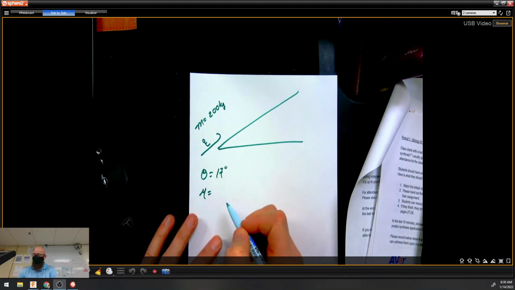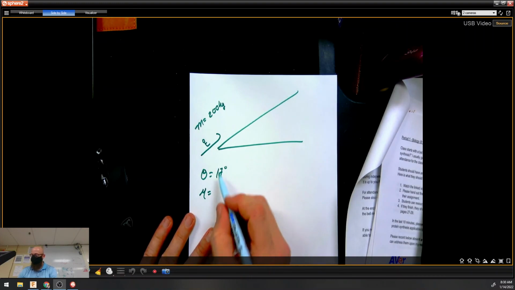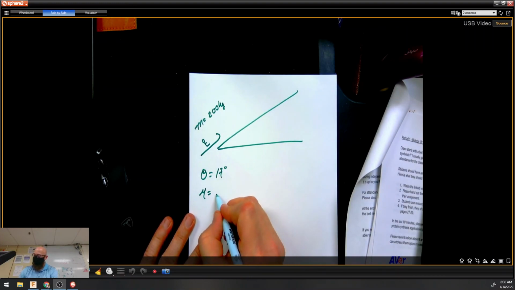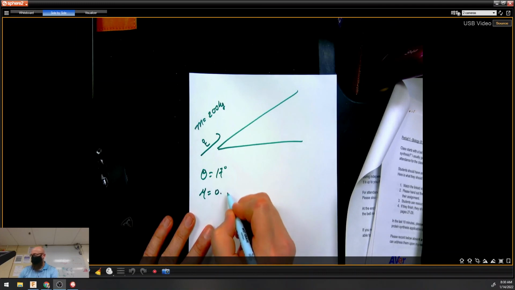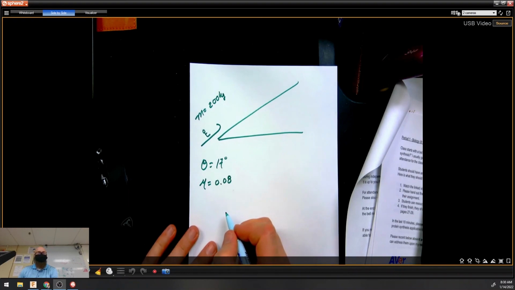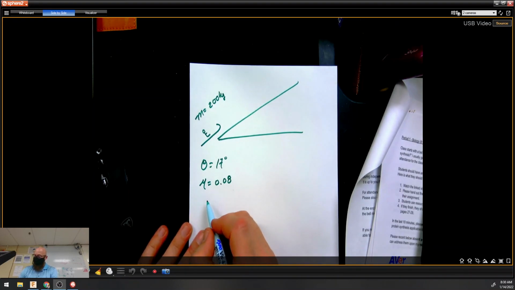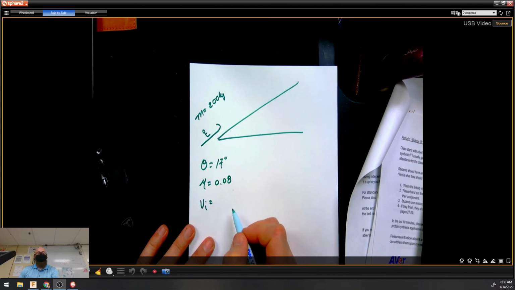Jace knows his sports, so he's made this sled super slick, and the coefficient of friction is going to be 0.08. And since he is crazy, his initial velocity is, let's go 18 meters per second. By the way, that's really fast.